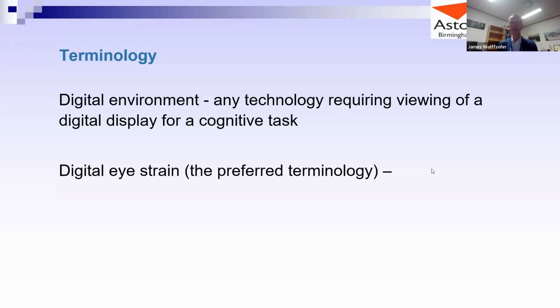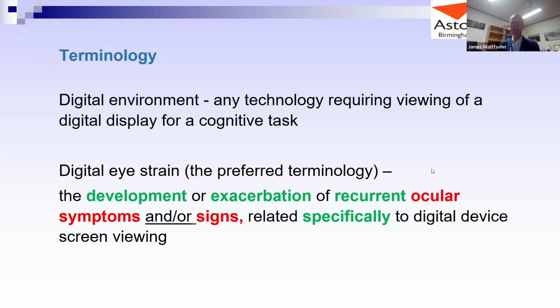So we should really be referring to digital eye strain. That was defined as the development or exacerbation of recurrent ocular symptoms and/or signs related specifically to digital device screen viewing. And you'll see when we look at things like the prevalence that this is really important.